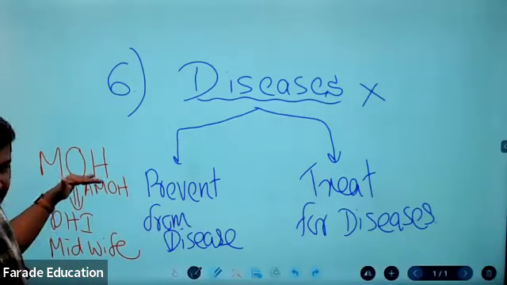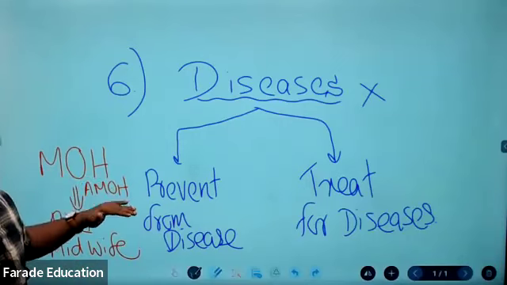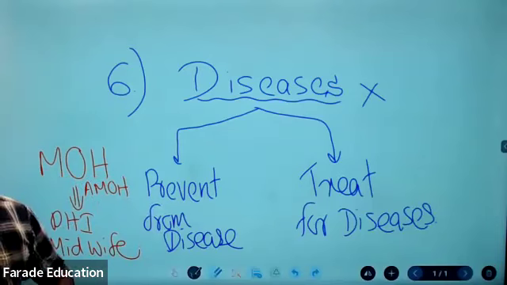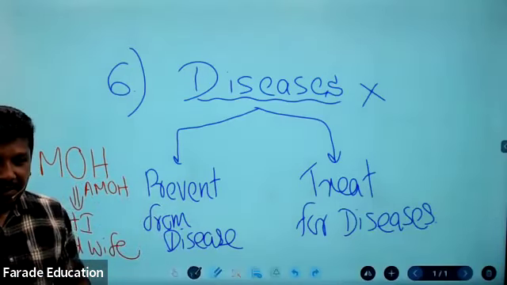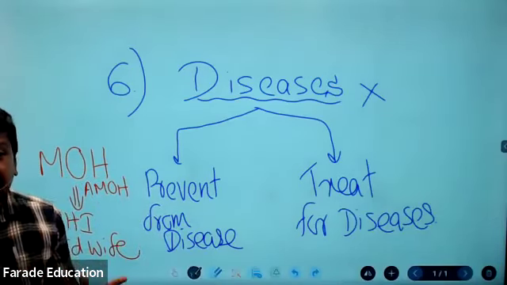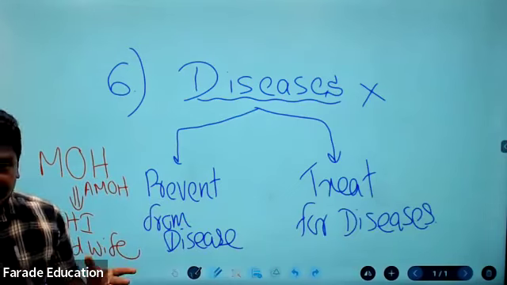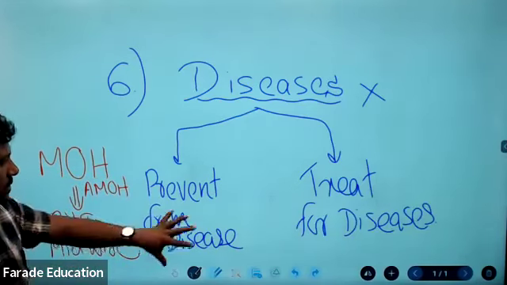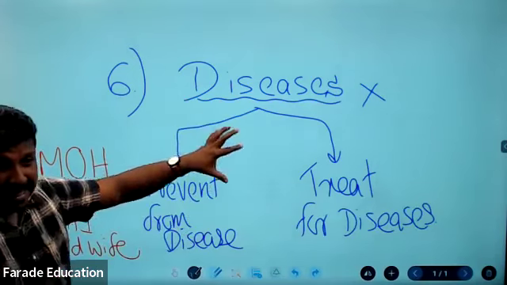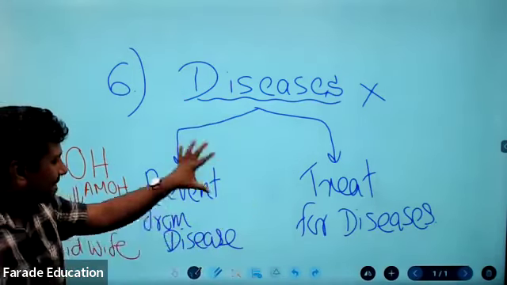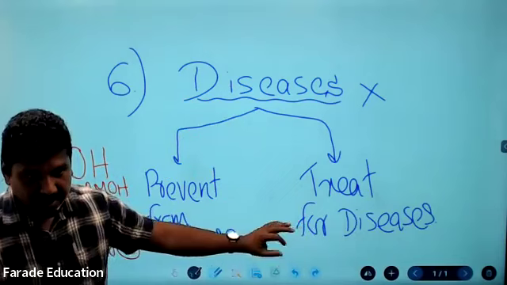The senior doctor is the MOH, and the junior one becomes the AMOH. Both of them manage all the prevention work and the antenatal clinics. All these things are done by them. So basically, the health system of a country is managed by these two arms.